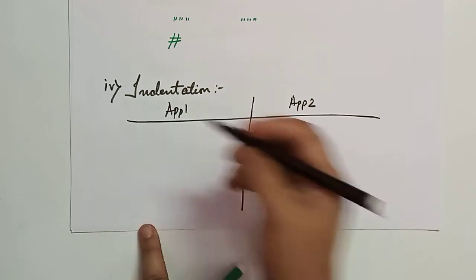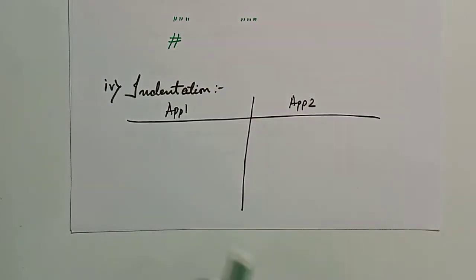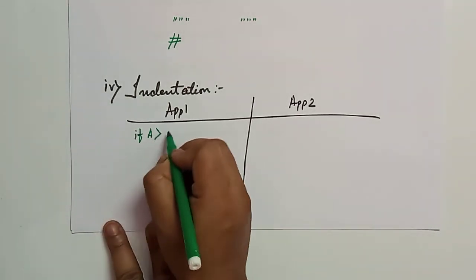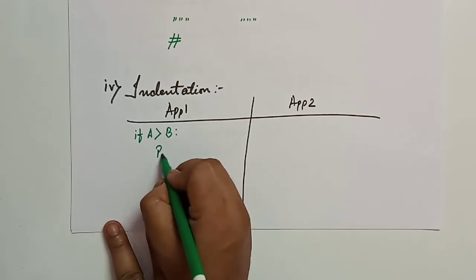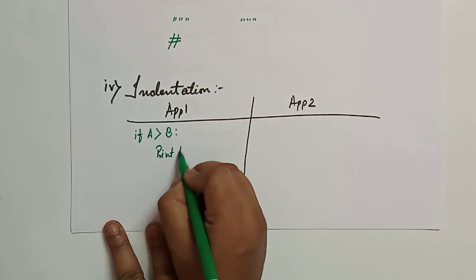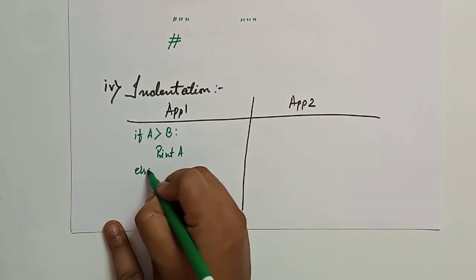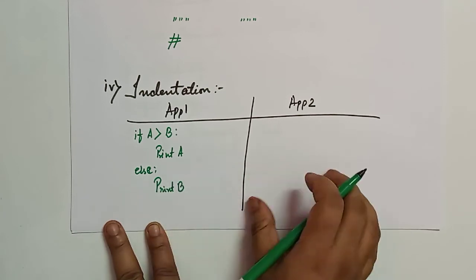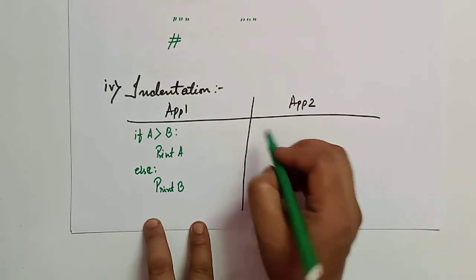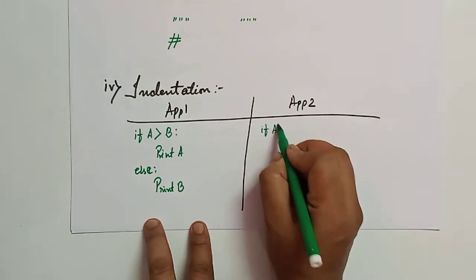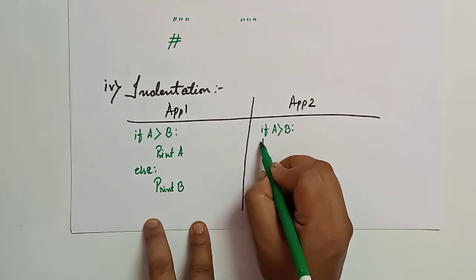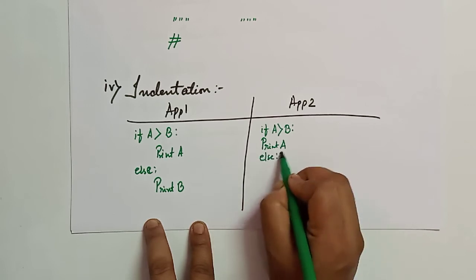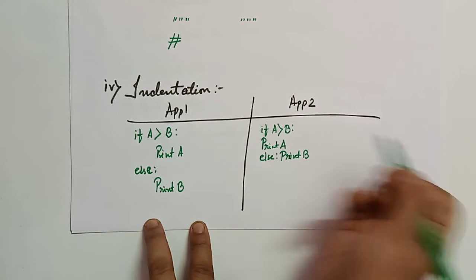Now let's say I have written over here: if A is greater than B, print A, else print B. This is the way. Or I could have written it without indentation.